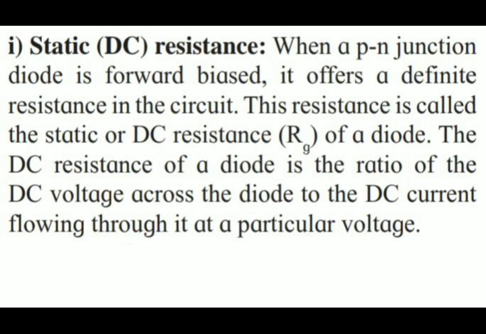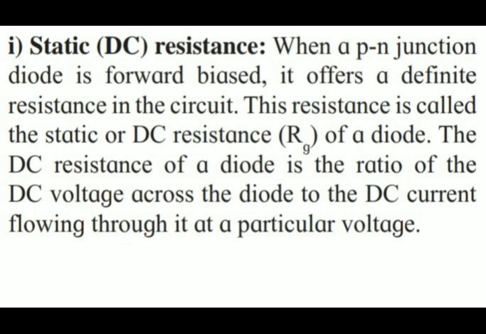When a PN junction diode is forward biased, it offers a definite resistance in the circuit. This resistance is called the static or DC resistance, R_D, of a diode.